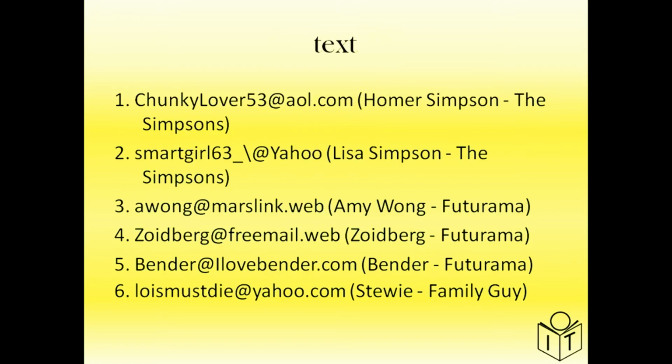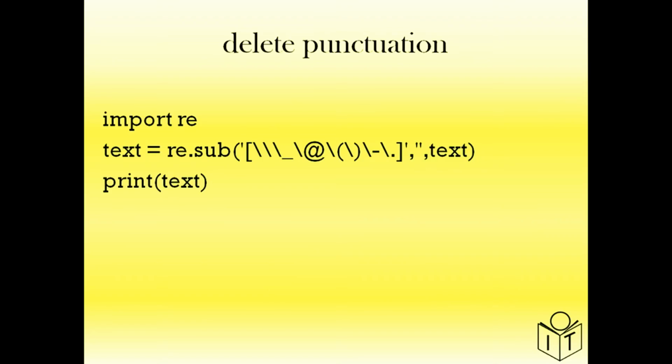Here's another example, text we had in the first video with emails on 6 lines. We want to delete the punctuation, so we can use re.sub, and this can be a bit confusing. We've got a lot of escape characters here.